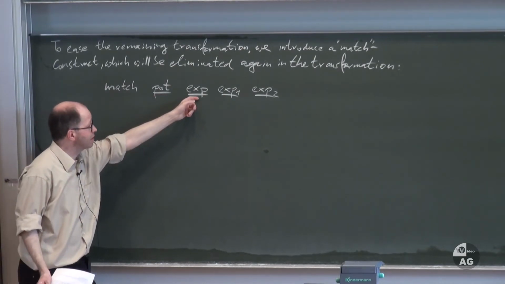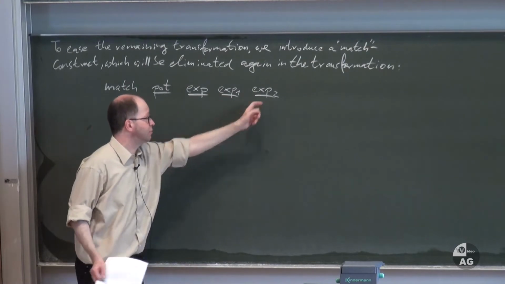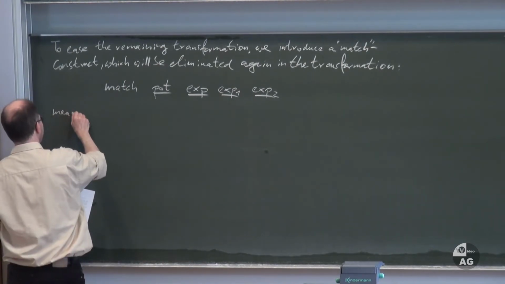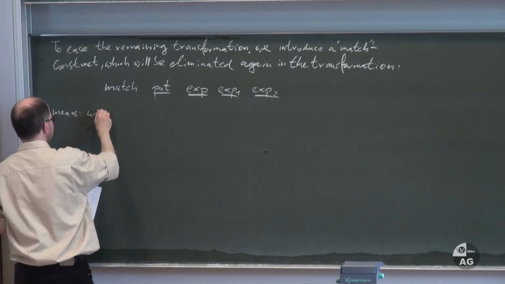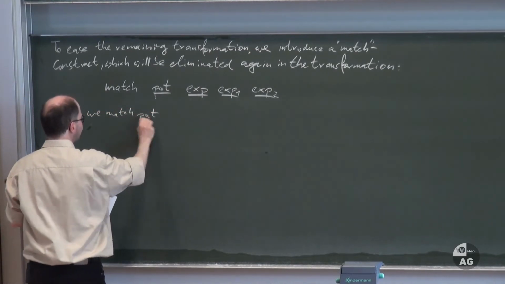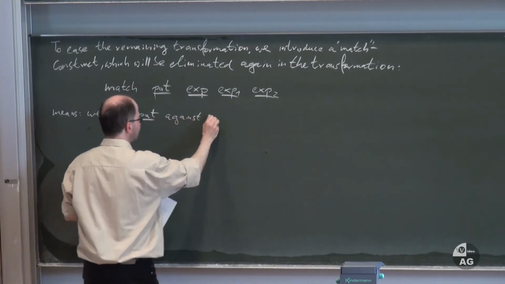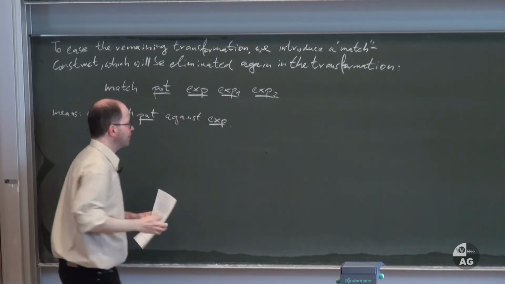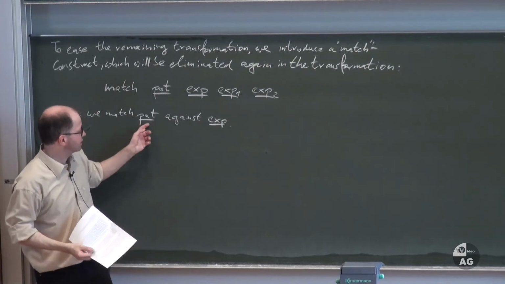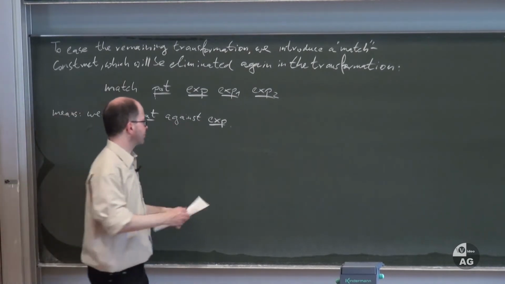If this works, then the result is x1, and if this does not work, then the result is x2. So this means the following. We match this pattern against the expression exp. And if this succeeds, then the result is x1 with the variable instantiation that has been computed during this matching.